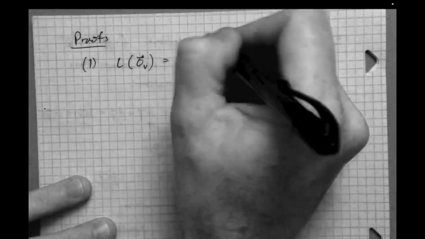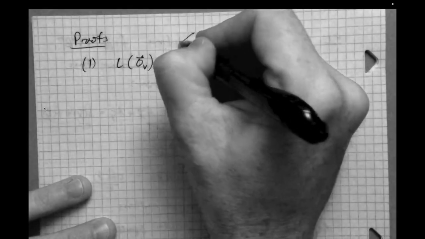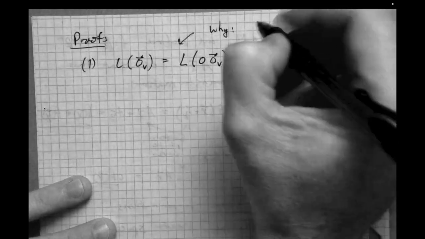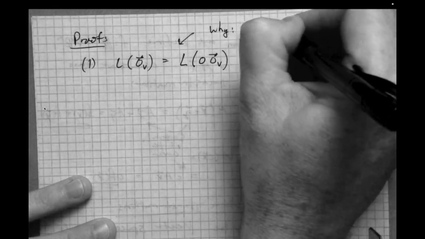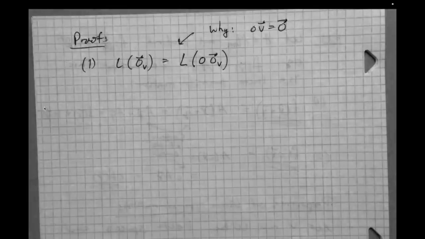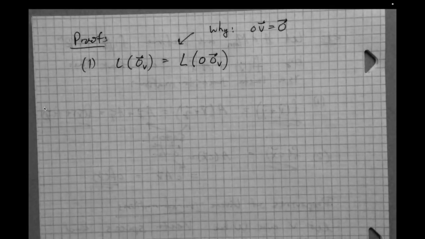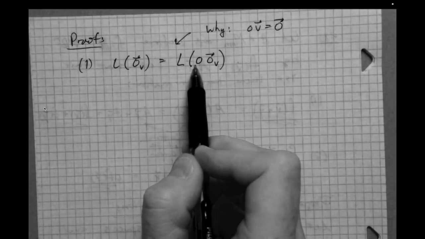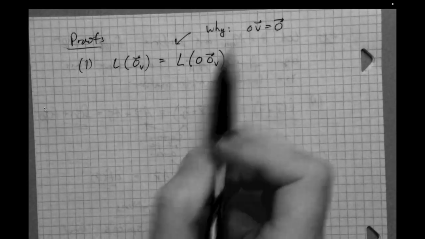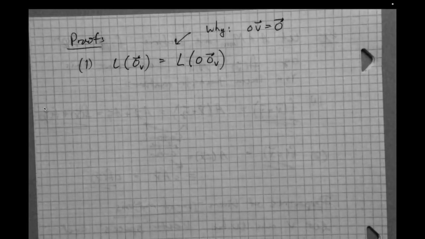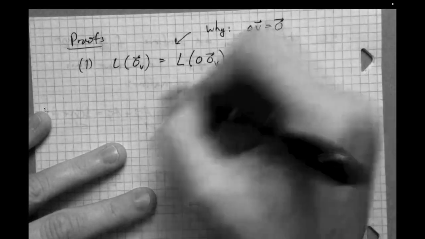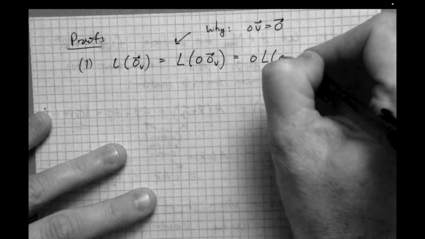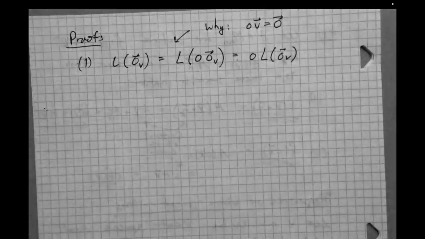And we know this from a previous section. Why? Well, we know it from a previous theorem: 0 times v is equal to the 0 vector. So the 0 vector is a vector, I apply 0 times that vector, and I get the 0 vector, right? So this is all totally legal. Now I know I can pull a scalar out, and I get this.